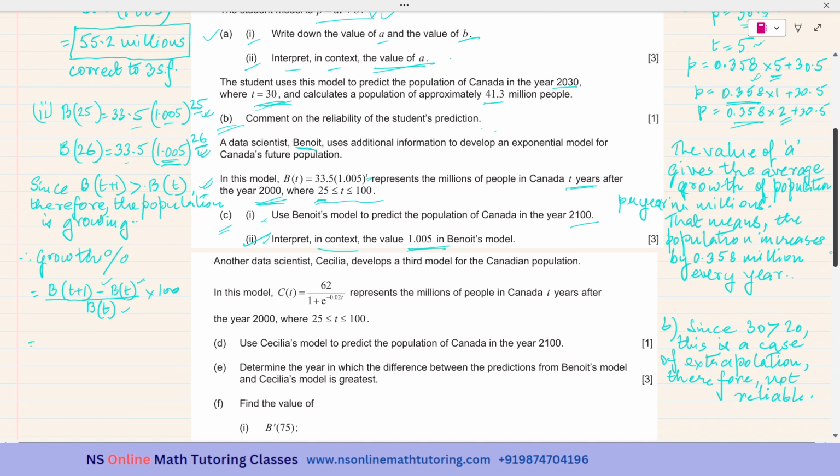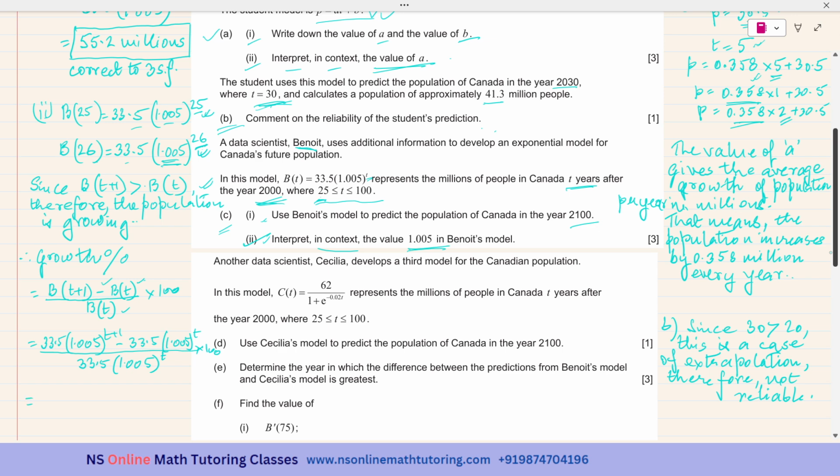This is the same general formula that we use. So B of t plus 1 is 33.5 times 1.005 raised to the power of t plus 1, minus 33.5 times 1.005 raised to the power of t, divided by 33.5 times 1.005 raised to the power of t, times 100.